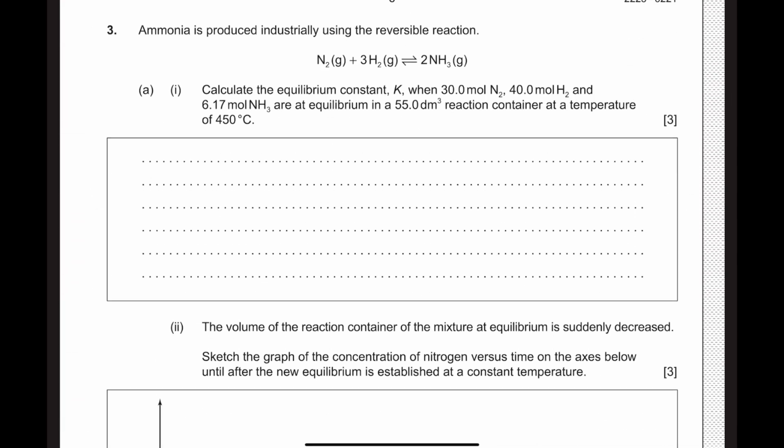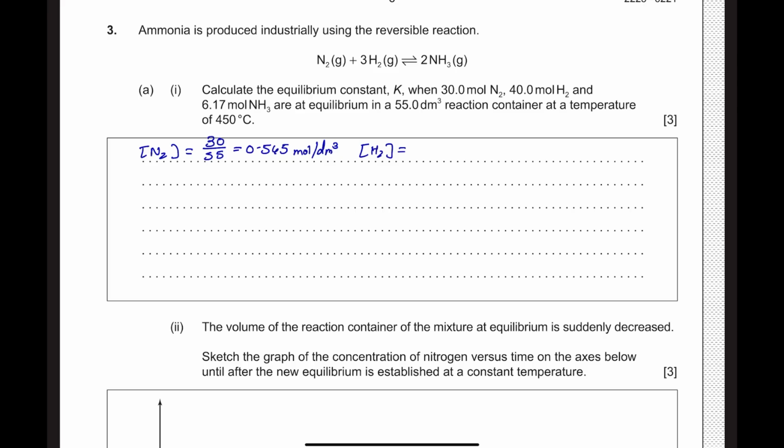Move on to the third one, ammonia, right? So nitrogen reacts with hydrogen to form ammonia, right? To find the equilibrium concentrations, we know the moles of N2, H2 and NH3 at equilibrium. So as we know the moles, we have to find the concentration. Concentration of N2 would be moles over volume, 0.545 mole per dm cubed.